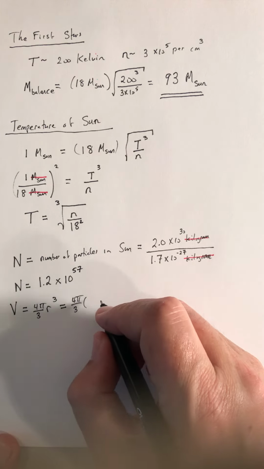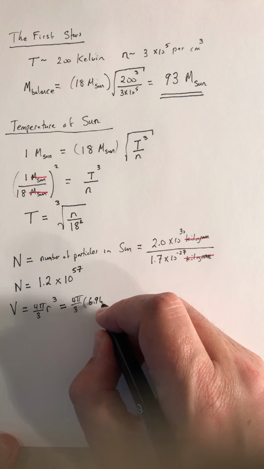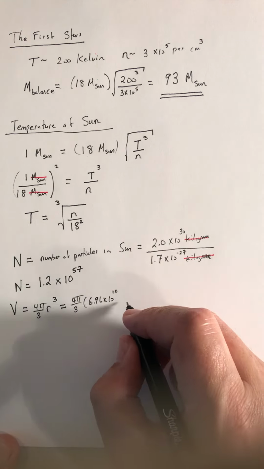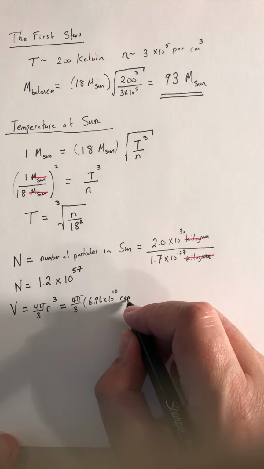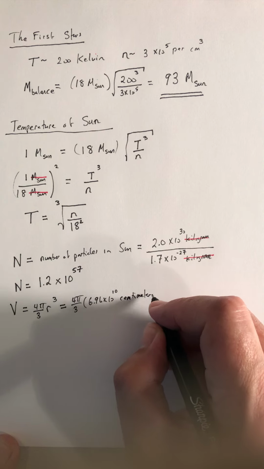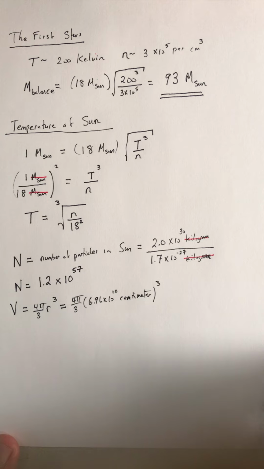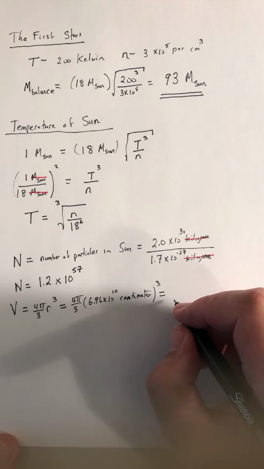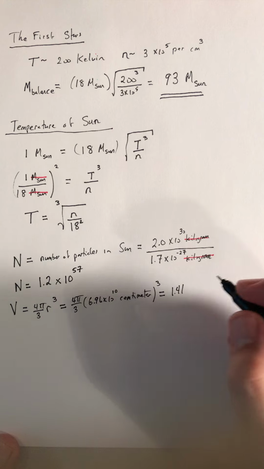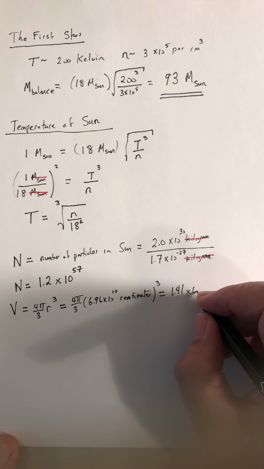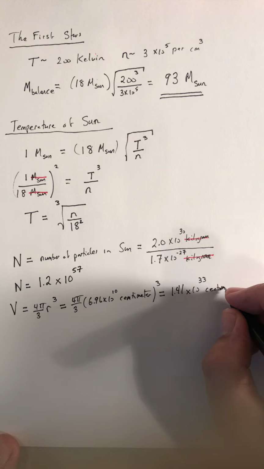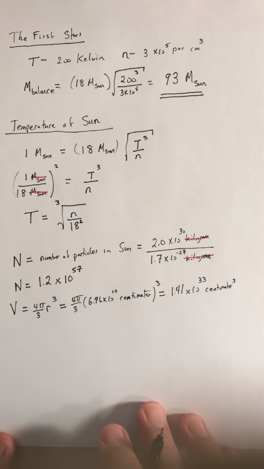So we look up what the radius of the sun is, convert it into centimeters, 6.96 times 10 to the 10th, cubed. And so that gives me 1.41 times 10 to the 33 cubic centimeters, because the sun is big.